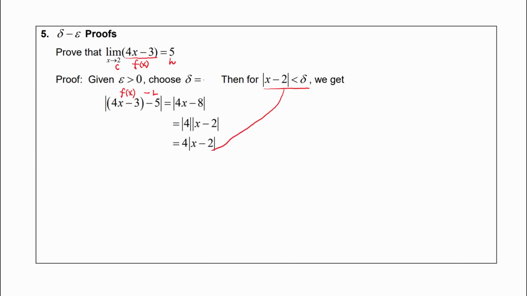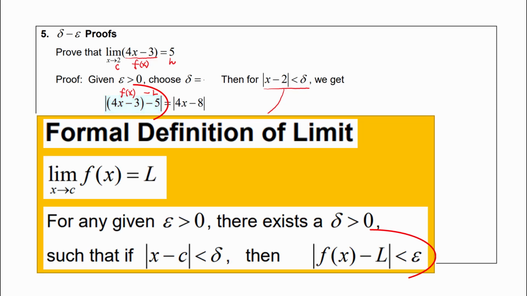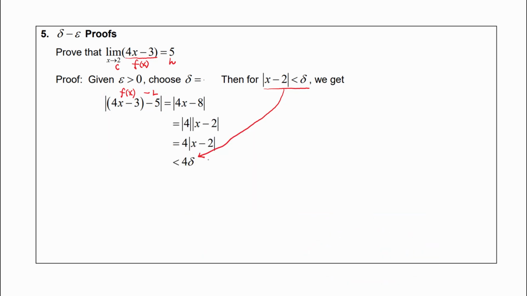So that expression has to be less than 4 times delta, but we want it to end with less than epsilon. So in order for you to get this equal to epsilon, you can divide both sides by 4, so that we know that delta must be equal to epsilon divided by 4.